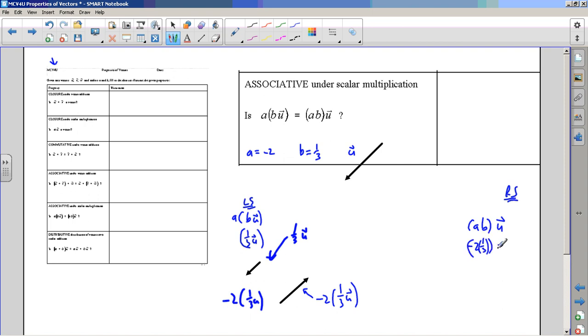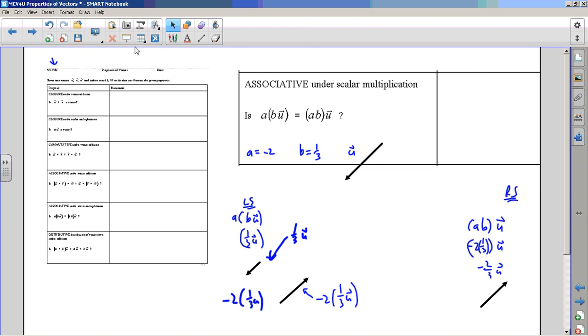So -2/3 of U. Okay, well, let me get a copy of this, and I want a vector that's in the opposite direction, about 2/3 as long. Well, that looked like it, right? 2/3 as long in the opposite direction. And so that's that vector.